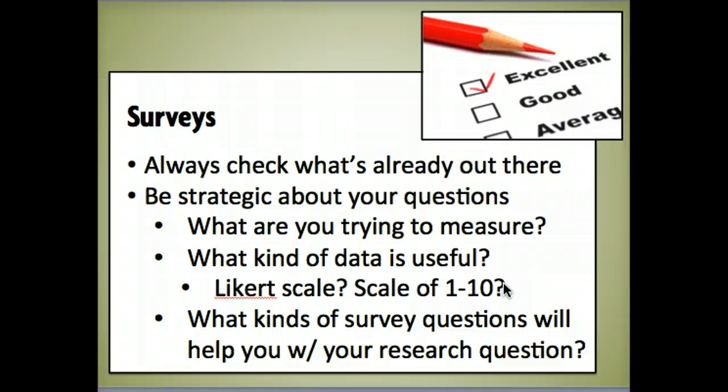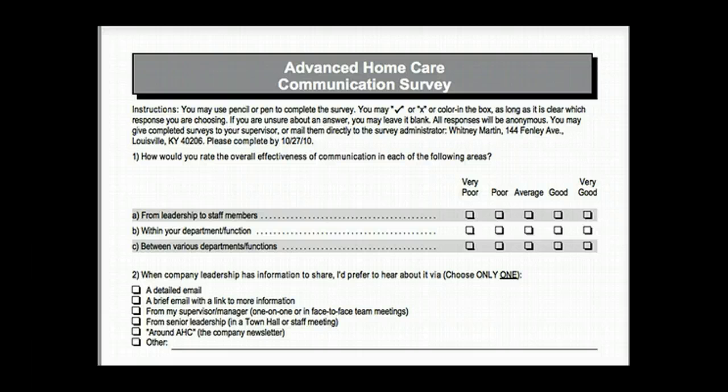We can take a look at the Advanced Home Care Survey to see some useful kinds of questions to include on a survey, at least in terms of formatting. This first block of questions features what we call a Likert scale. It asks a question and then you're supposed to answer it in terms of the overall effectiveness of communication in each of the following areas.